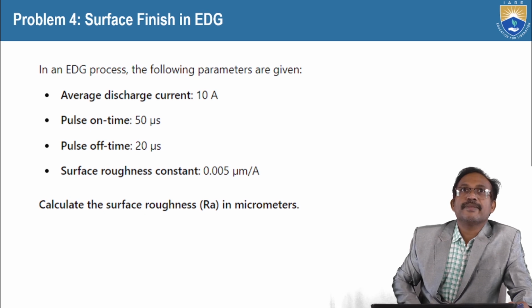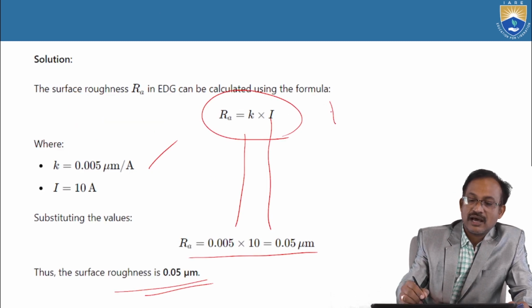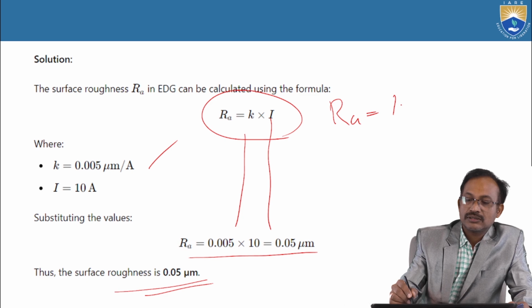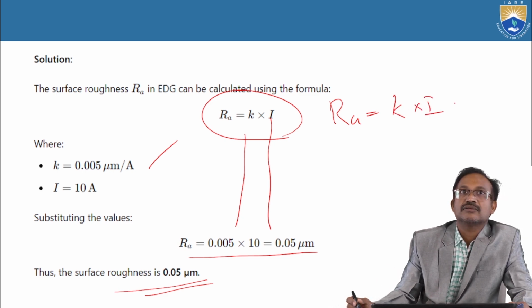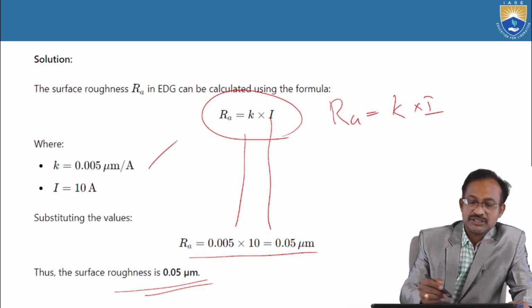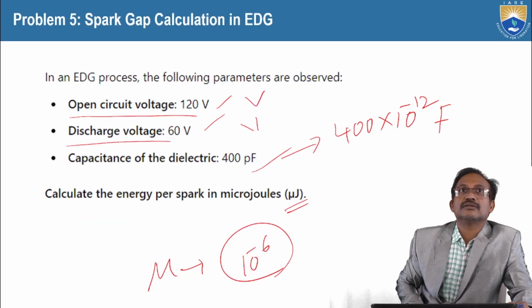Next, in problem 4, calculate the surface roughness in micrometers. The formula is Ra equal to small k into I, where k is the surface roughness constant and I is the current in amperes. Substitute the values so that we get the result.